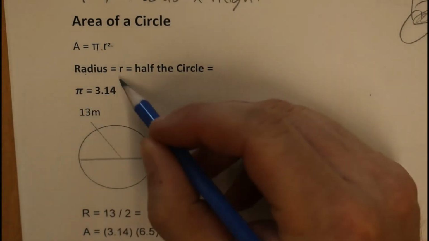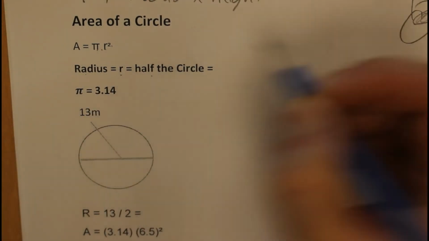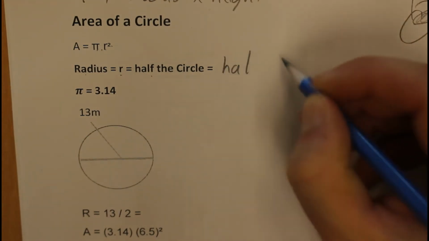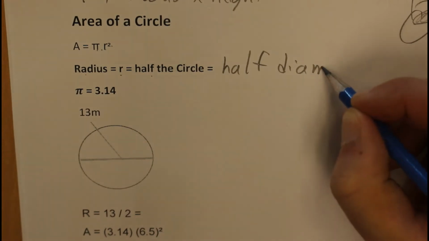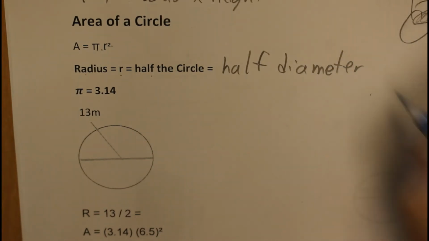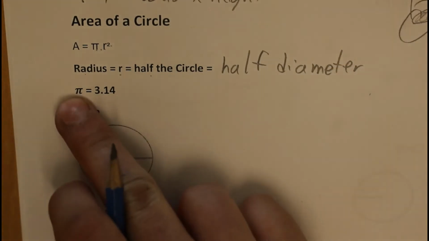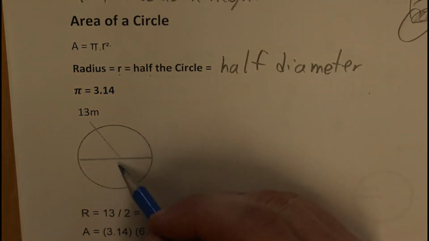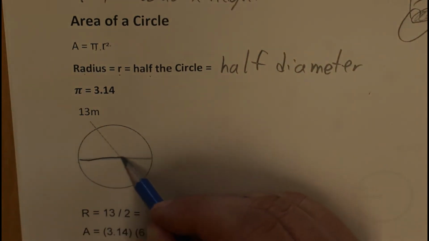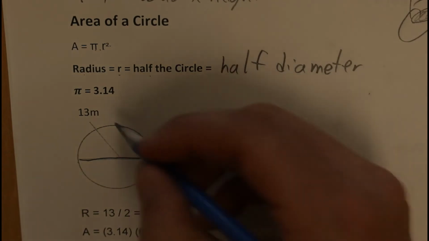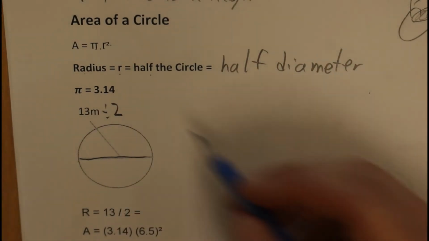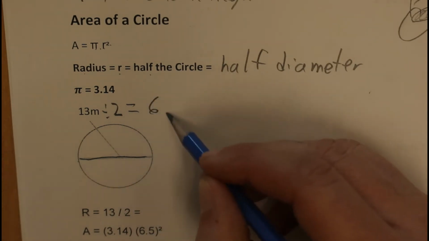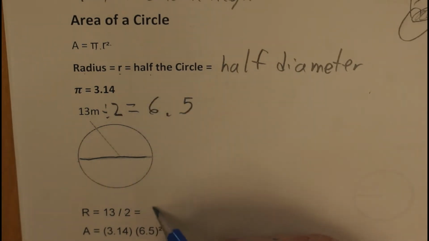Radius, r, is half the diameter, which is the word for going all the way across. And of course pi equals 3.14. In this example we have the diameter, so what do we have to do? We have to split that in two. Divided by 2, we get 6.5.